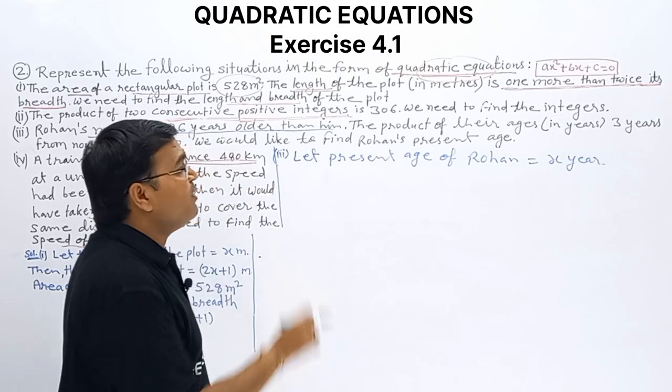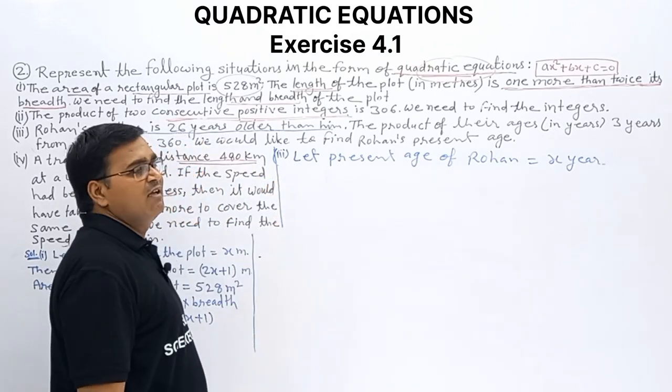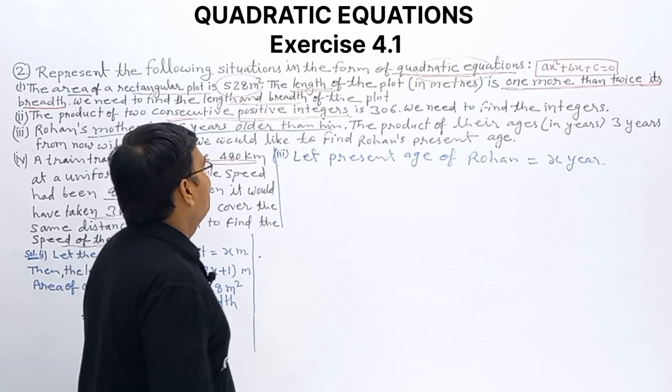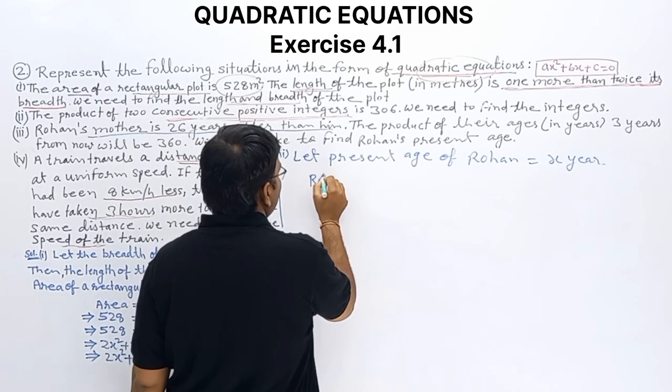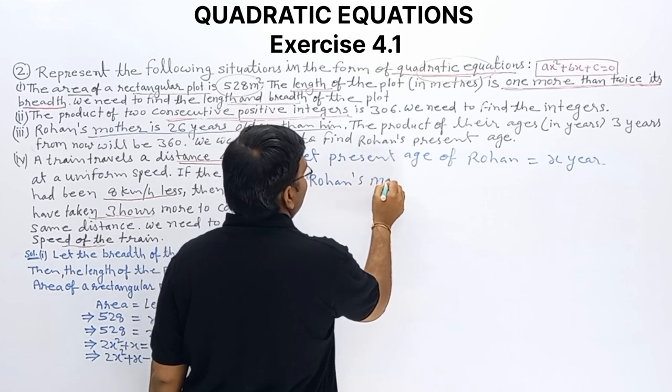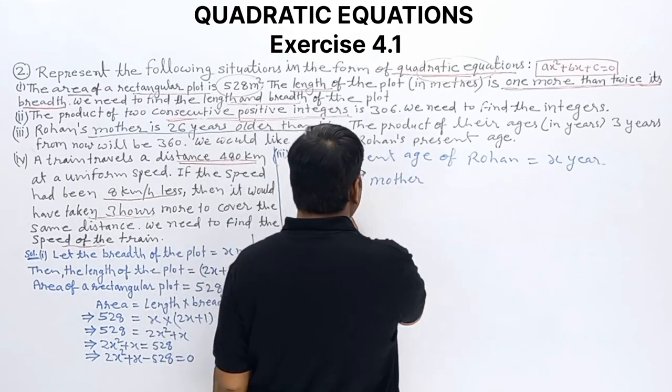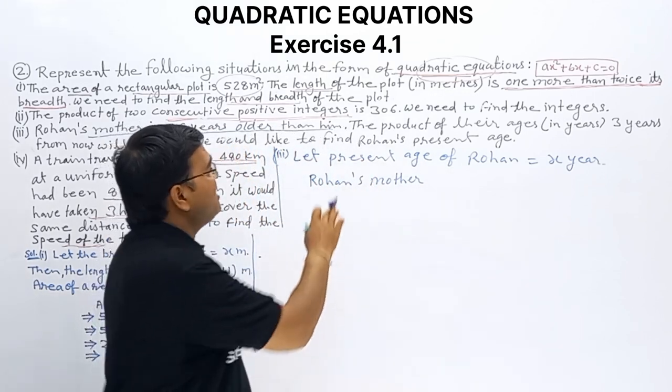Clear? This one is the present age. And at present, what about his mother? Rohan's mother, at present time. What about present time?